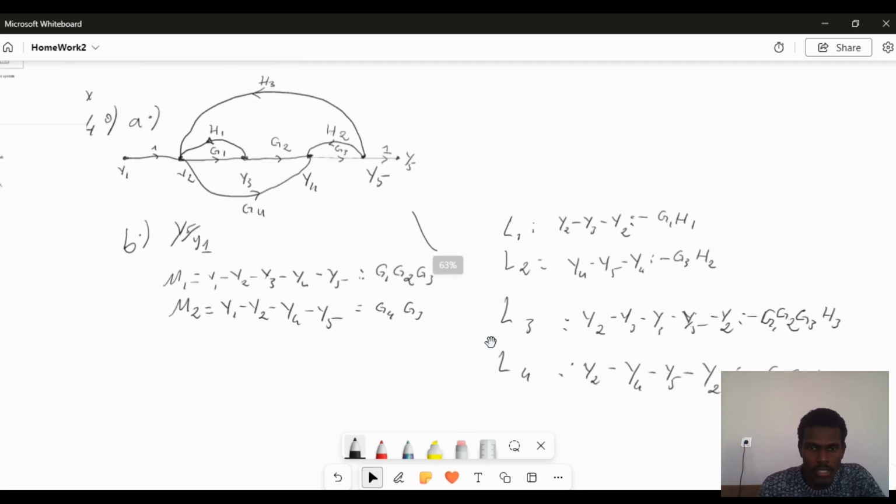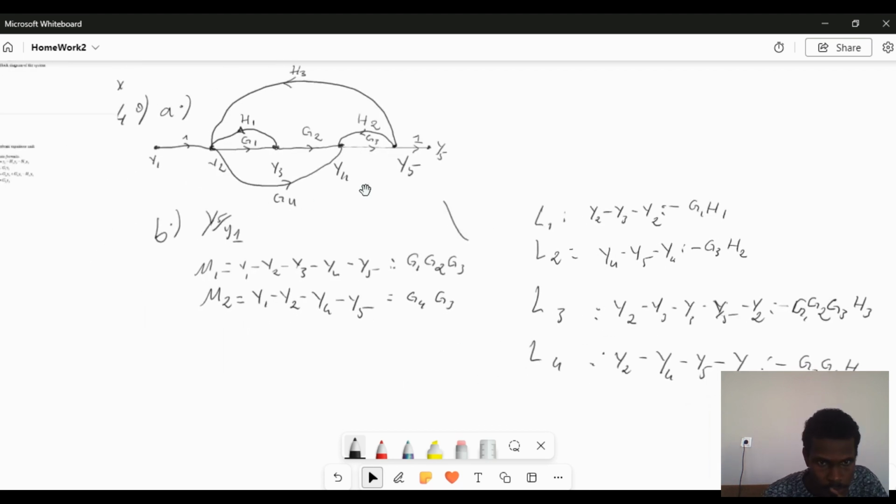So let's see if we have non-touching loops. L1 and L2 are non-touching loops. We have y2, y3, y2, and y4, y5, y4, so they are not sharing a common point.